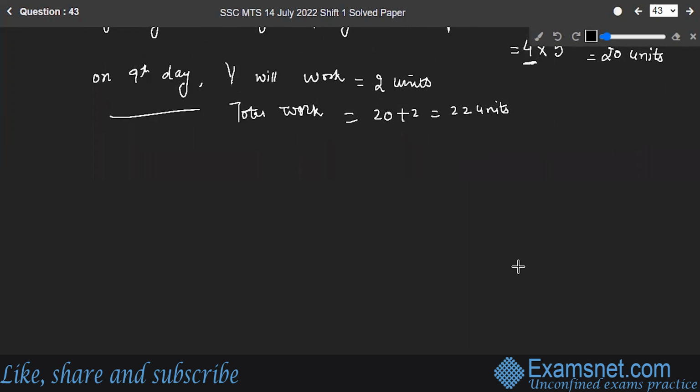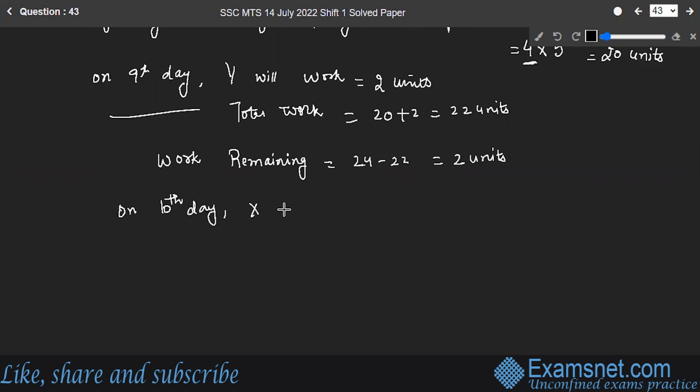How much work is remaining in that case? Work remaining is equal to 24 minus 22, that is equal to 2 units. So on the 10th day, whose turn will it be? X's turn. On the 10th day, X will work 3 units, right?